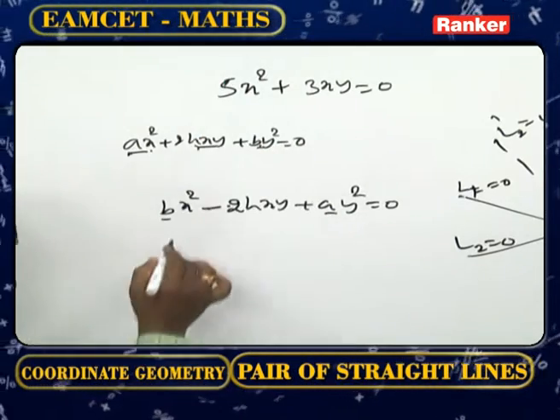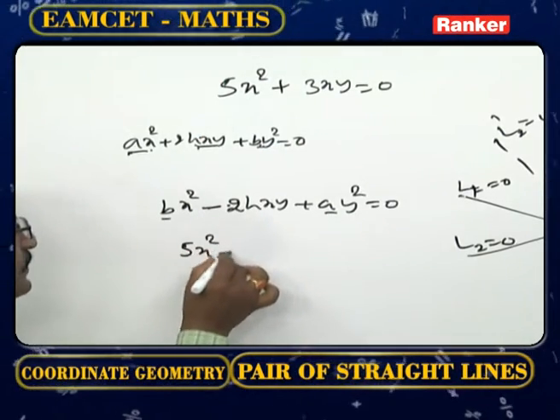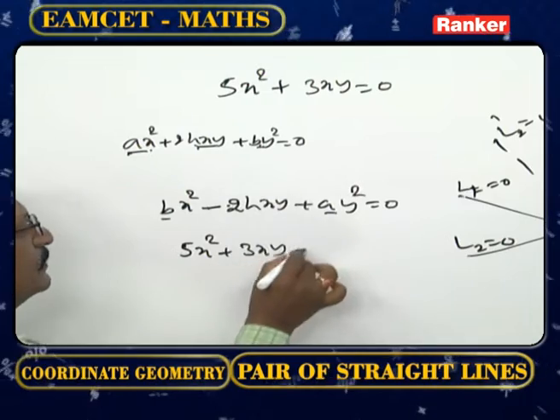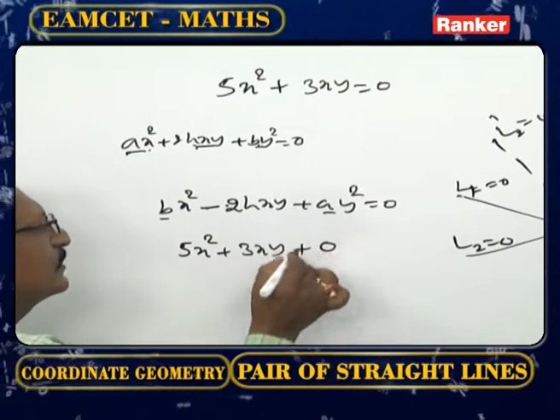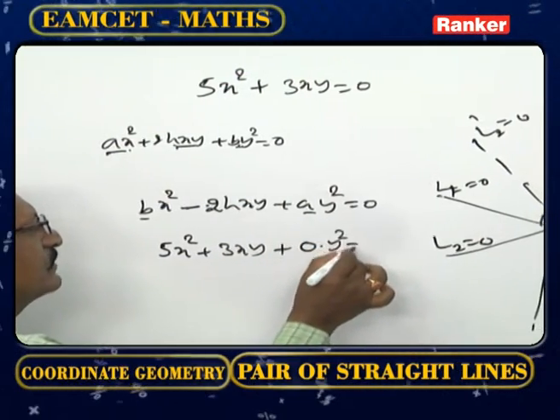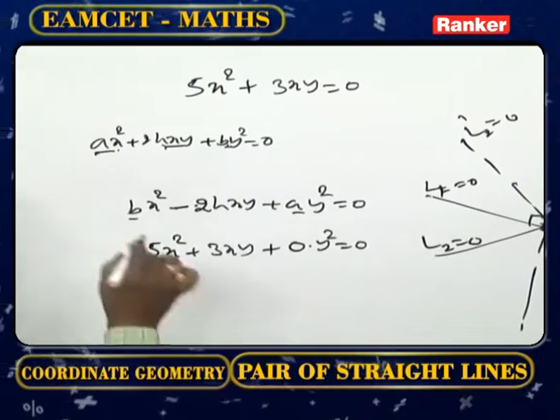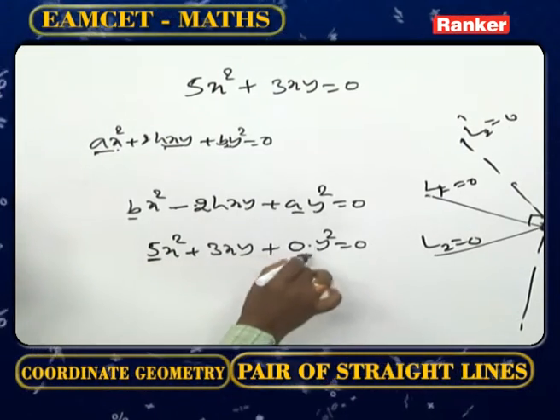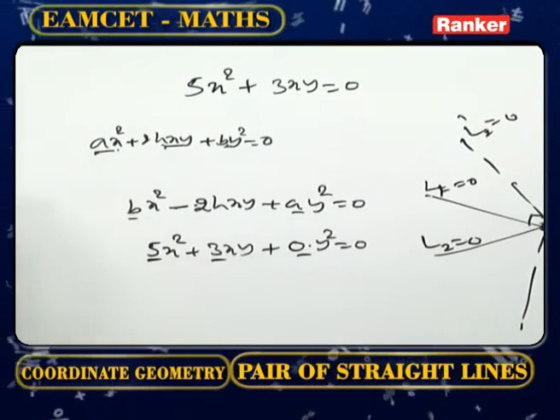But the given equation 5x square plus 3xy plus there is no y square term means 0 into y square equals to 0. Now, here a equals to 5, b equals to 0, 2h equals to 3.